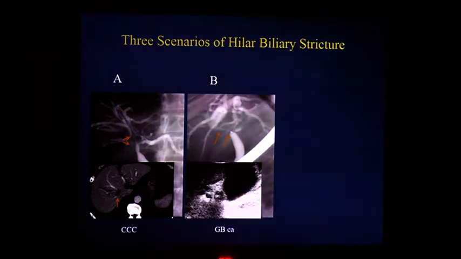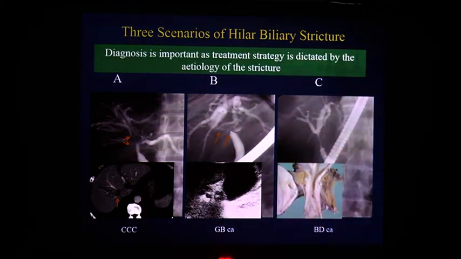You have a small tumor in the neck of the gallbladder which is causing obstruction in the common hepatic duct, or it is the typical bile duct cancer which we are discussing today, which can lead to a hilar stricture. And we realize that the approach, as we have been discussing, to each of these is different, and therefore it is important to know what is the primary diagnosis which is leading to obstruction at the hilum.